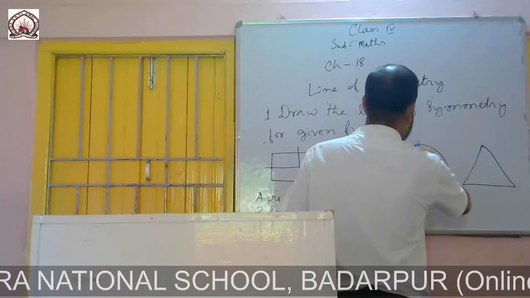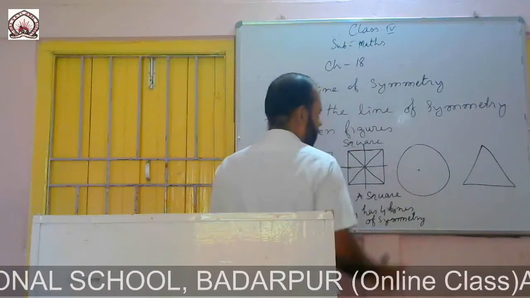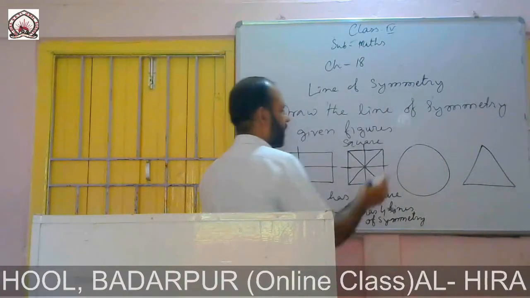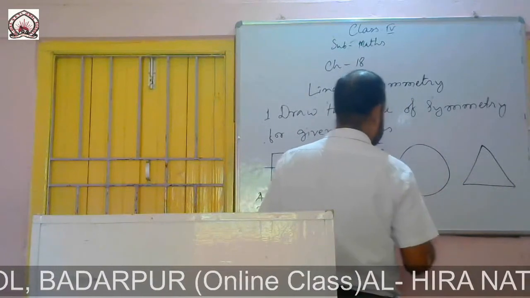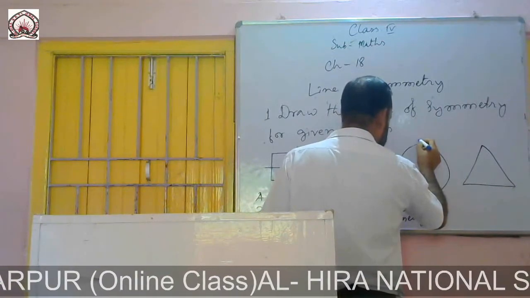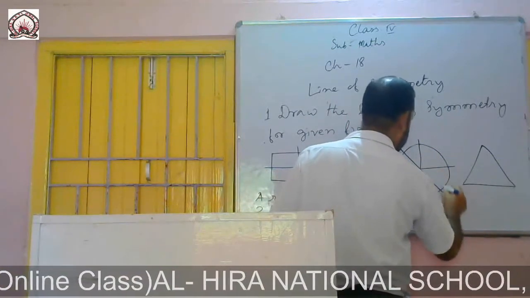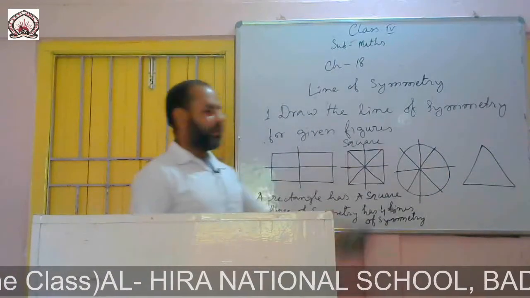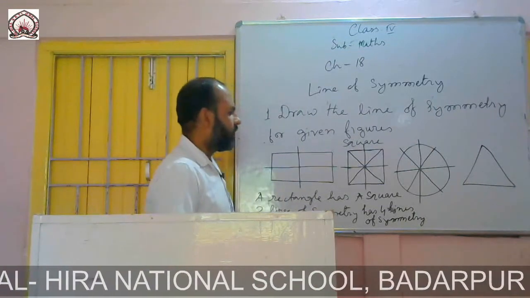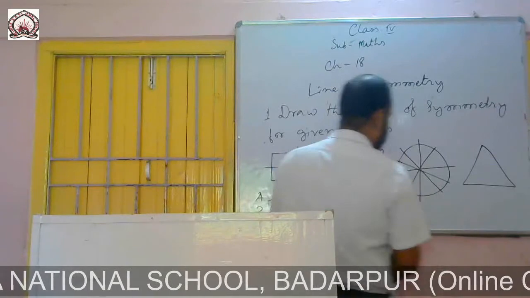Now circle. So for a circle, any diameter is a line of symmetry.